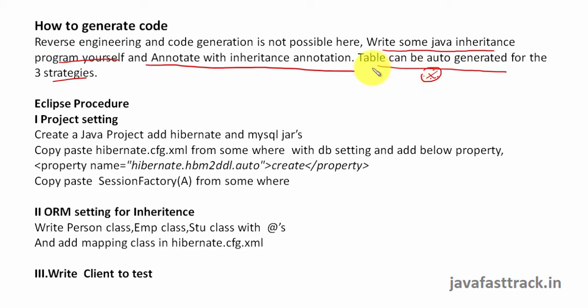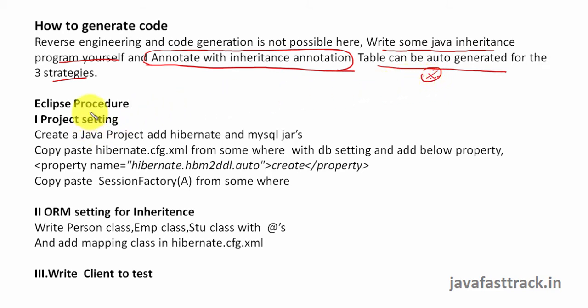So what I'm going to do is I'm just only going to put some annotations. So write some Java programs and put some annotations. That's all. Tables can be automatically created by Hibernate for the single table strategy, for the table per class strategy, or for the join strategy.